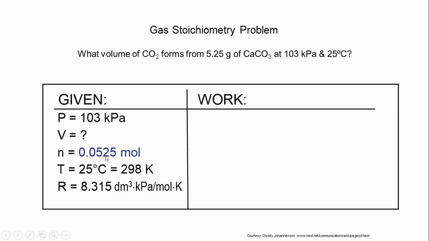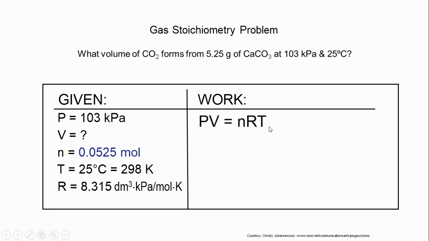Now, the n was not given in the problem, but remember, that's what I just calculated based on my 5.25 grams of calcium carbonate. Next, if I know the pressure, the n, the T, and the R, I'm going to solve for volume using the ideal gas law equation. This is the only equation we can use when we have number of moles or grams: the ideal gas law.